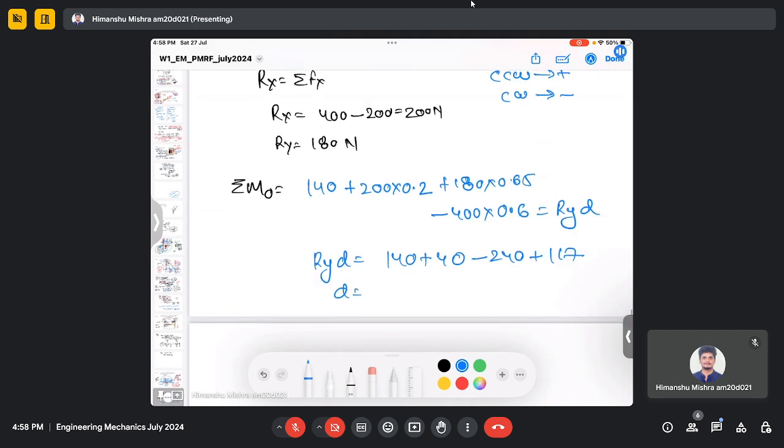So d equals, let me calculate this, so it is 57 divided by 180. So d will be 0.317 meter.